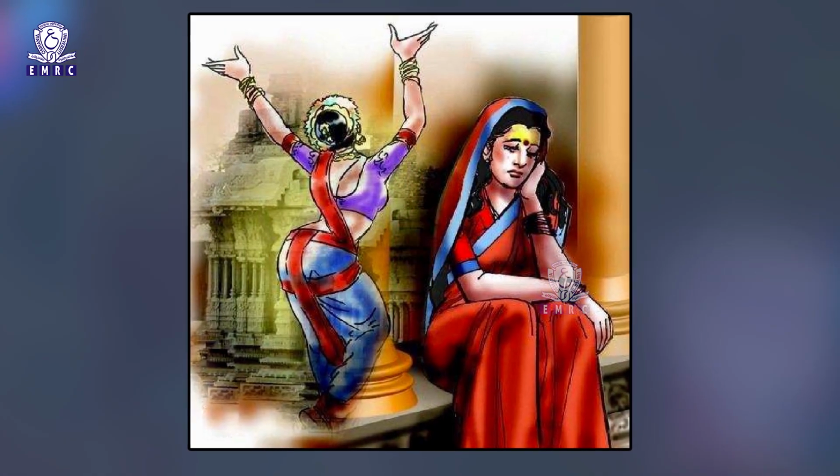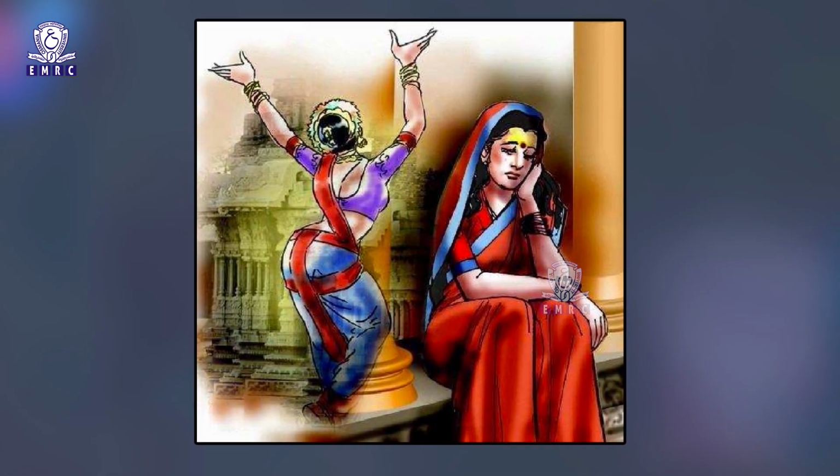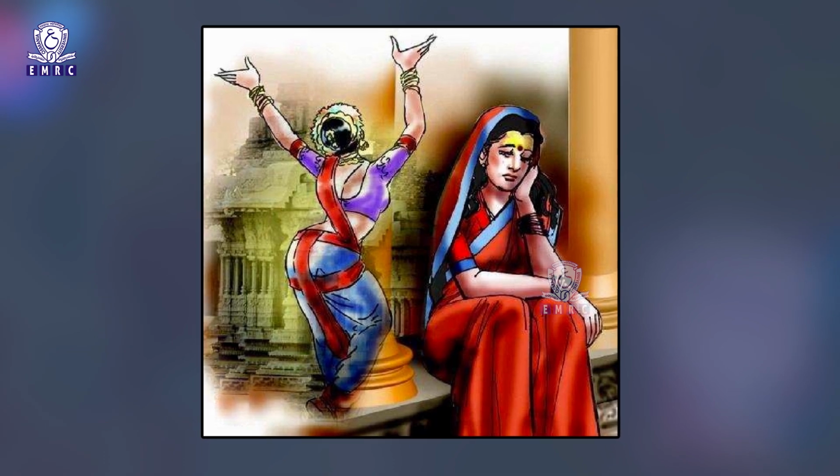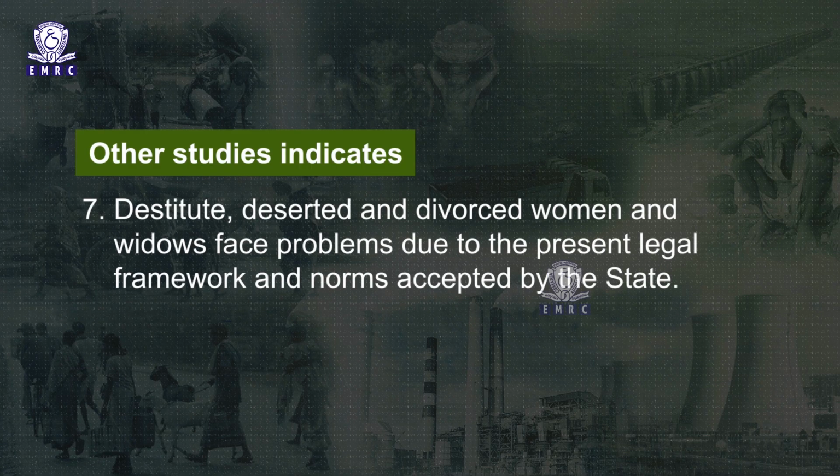Mostly, they are deprived by the state and are neglected as a deviant group by society. Seventh, destitute, deserted and divorced women and widows face problems due to the present legal framework and norms accepted by the state. So, their exclusion in rehabilitation packages reflects the prevalent norms of society reinforced by the state.